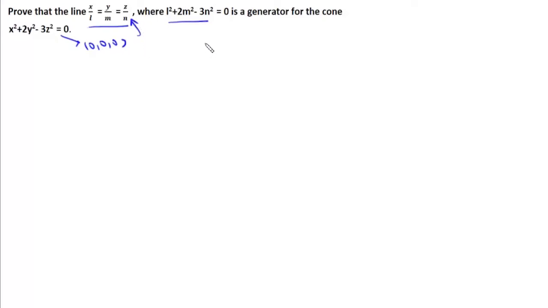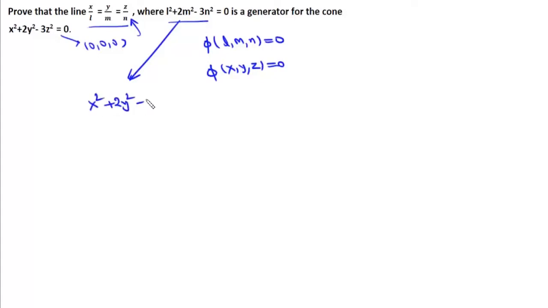Now we know that if direction ratios of a generator L, M and N satisfy some function phi, then the equation of this cone is phi(x, y, z) equals 0. Now if we replace L with x, M with y and N with z, the equation of this cone will be x square plus 2y square minus 3z square equals 0, which is what we need to prove in this question.